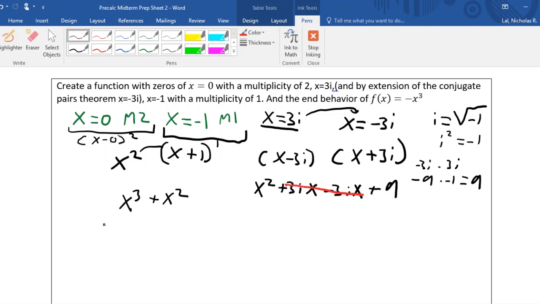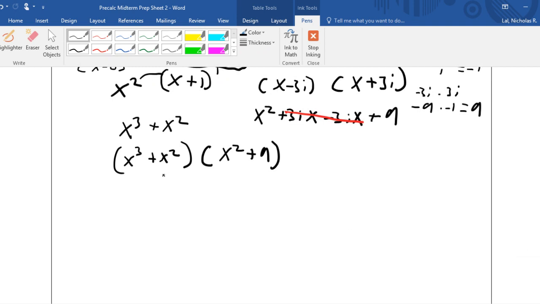So now I have x cubed plus x squared times x squared plus 9. What is x cubed times x squared?